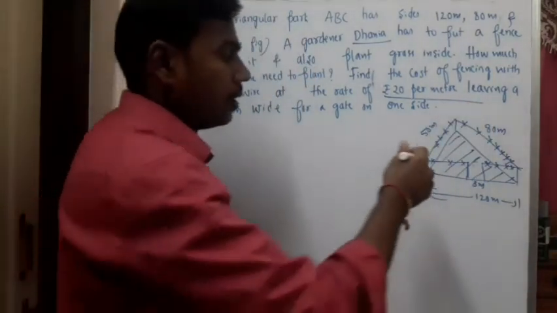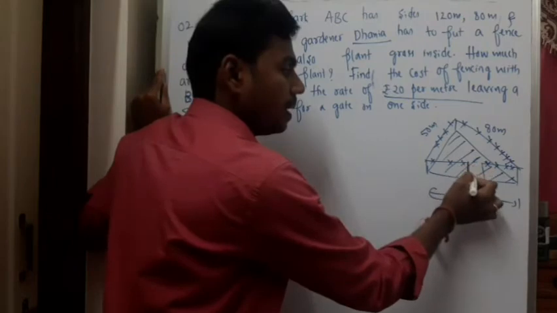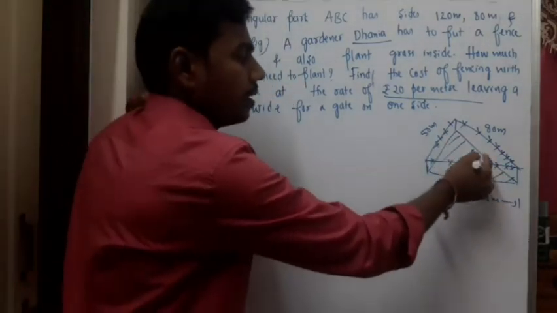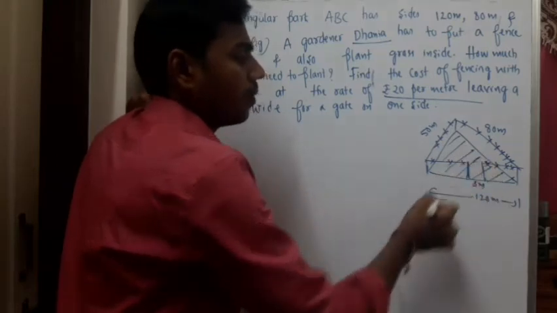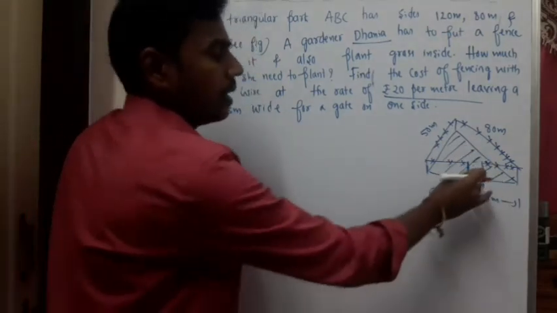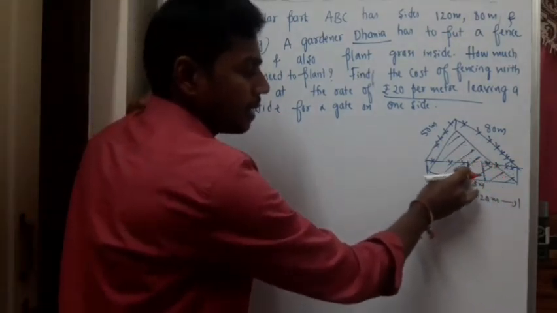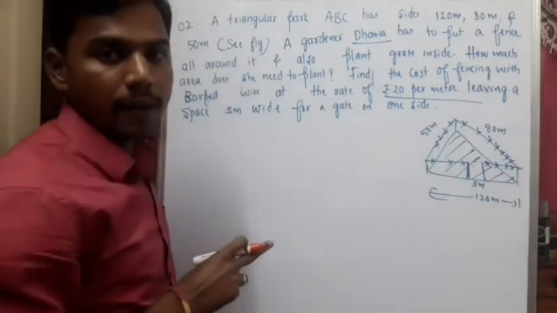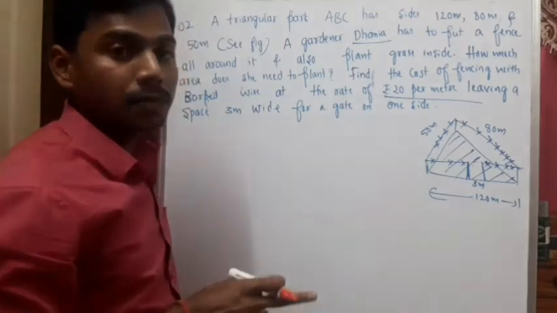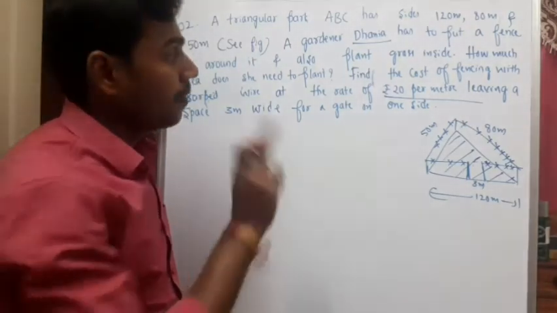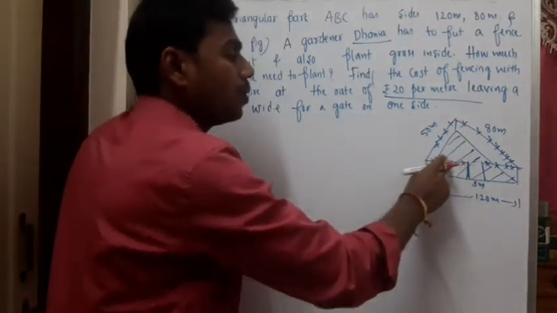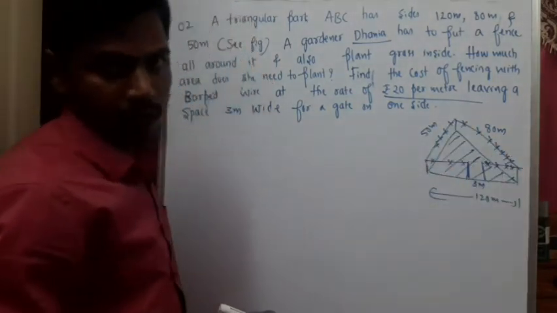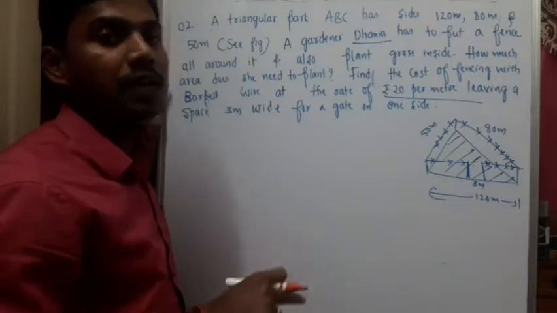During the fencing, there is a 3 meter gate where we do not do any fencing, the space for the entry into the garden. Apart from this 3 meter, the fencing should be all around the triangular park. The cost per meter is 20 rupees. We need to calculate the cost of this fencing, and before that we need to calculate the area.